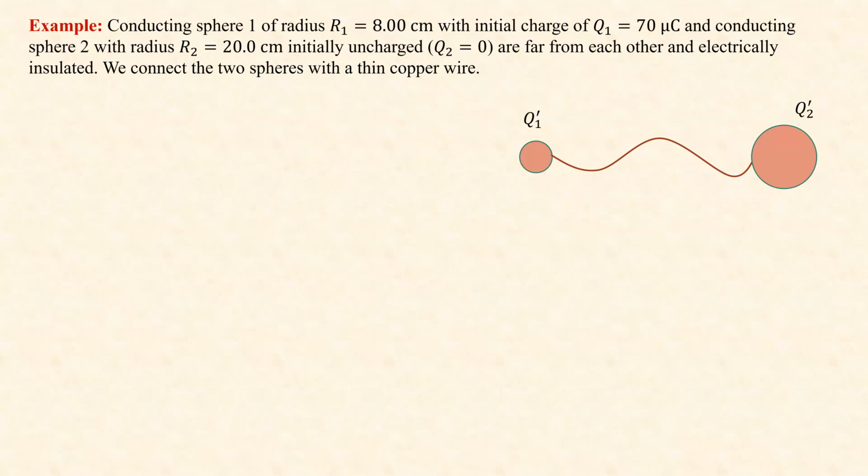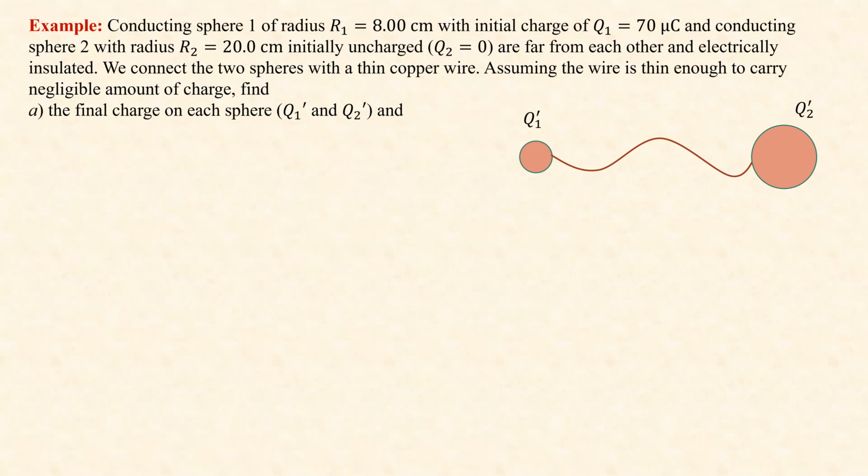So we connect them by a very thin copper wire. Assuming the wire is thin enough to carry a negligible amount of charge, we want to find the final charge on each sphere, q1 prime and q2 prime.